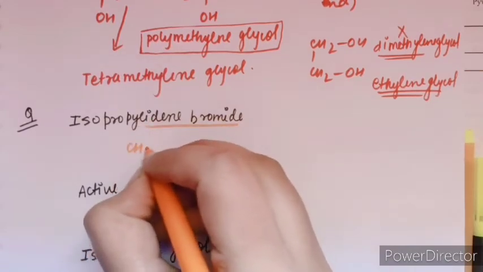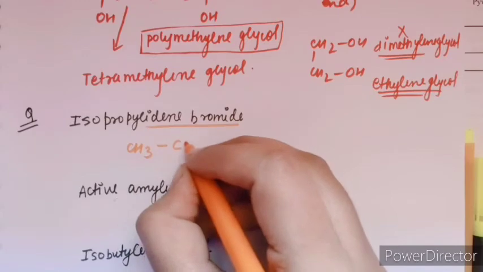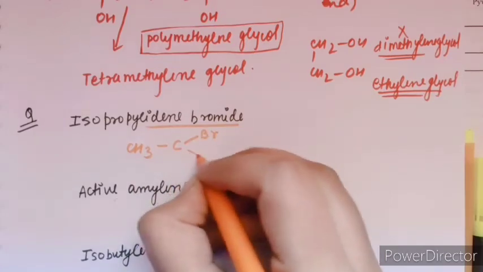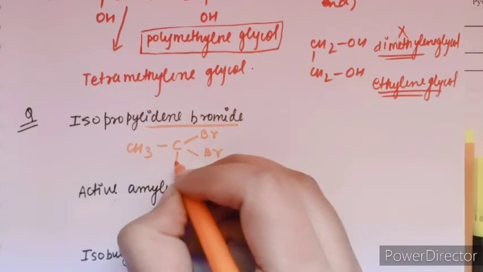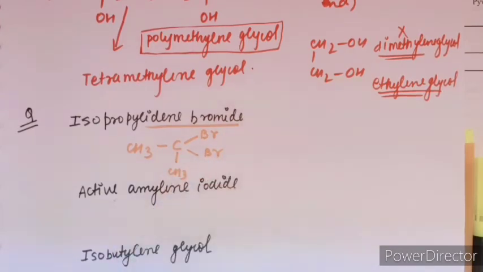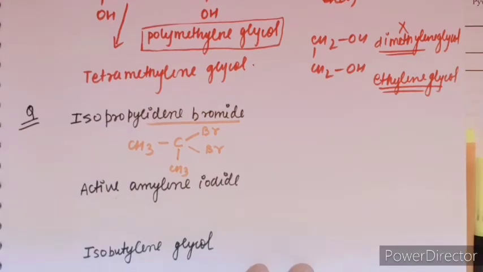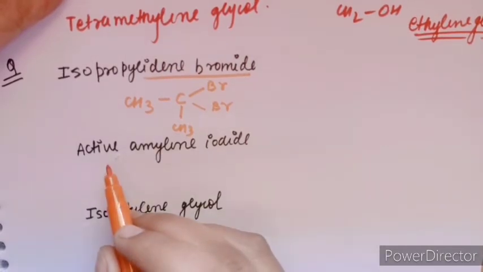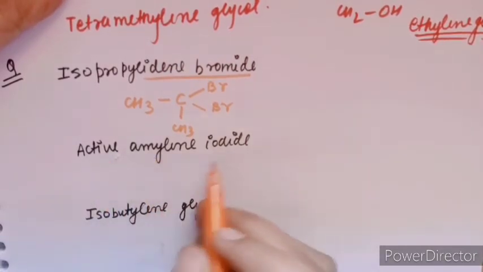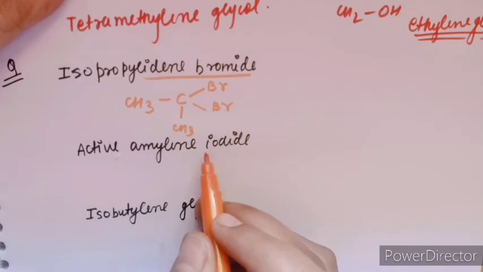So CH3C, both the halogen groups are attached to the same carbon, and this one is CH3. So this will be the structure of isopropylidene bromide.